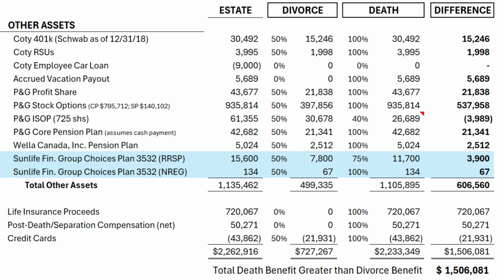This is the one that we talked about earlier, where Fabio had designated 75% to his wife and 25% to his son Luigi, correct? That's correct. Okay. So this one is a difference again of $3,900 benefit by his death versus going through a divorce. That's correct.